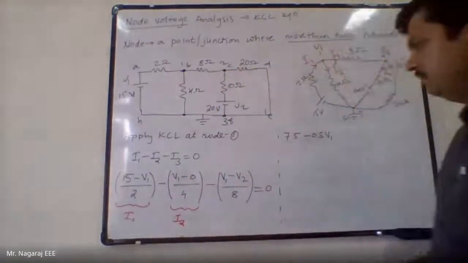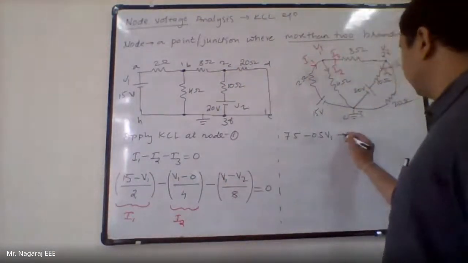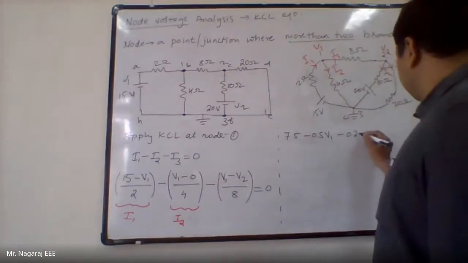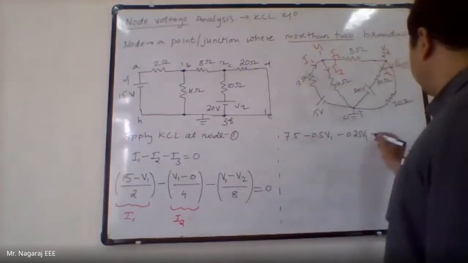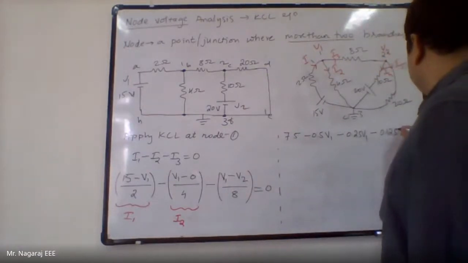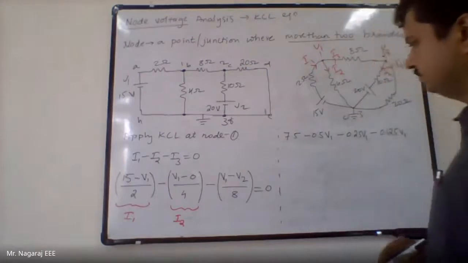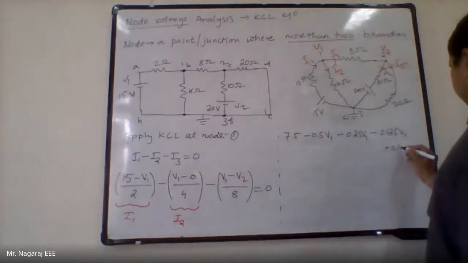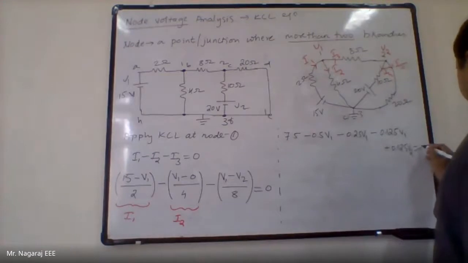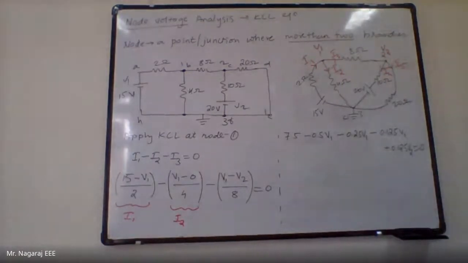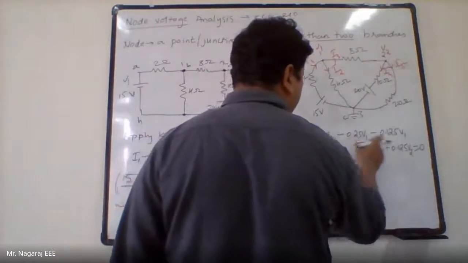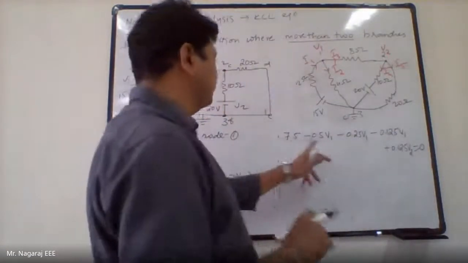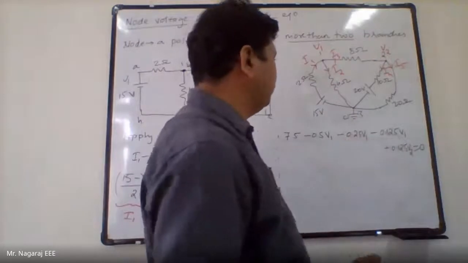V1 by 2 is minus 0.5 V1, minus V1 by 4, minus 0.25 V1. 1 by 4 is 0.25, minus V1 by 8, minus 0.125 V1, plus 0.125 V2 is equal to 0. Now, minus 0.5 V1 minus 0.25 V1 minus 0.125 V1. So that is minus 0.75 minus 0.125.